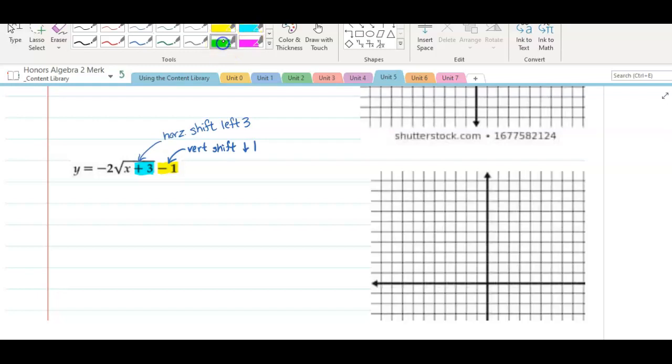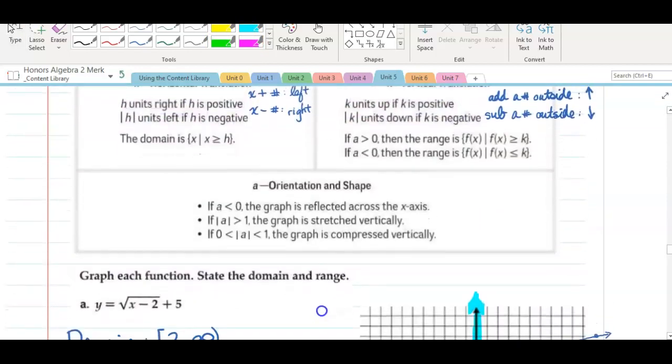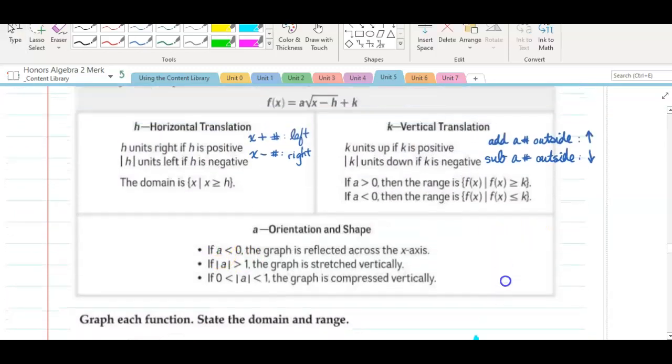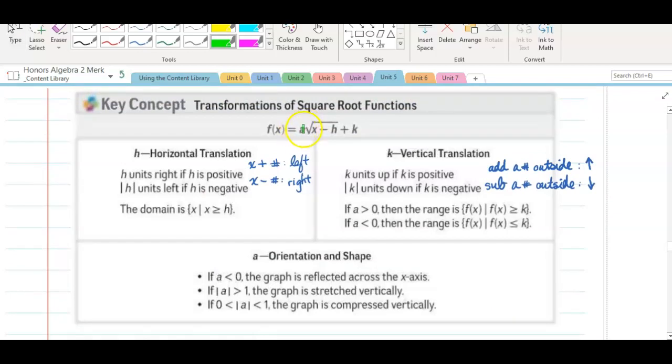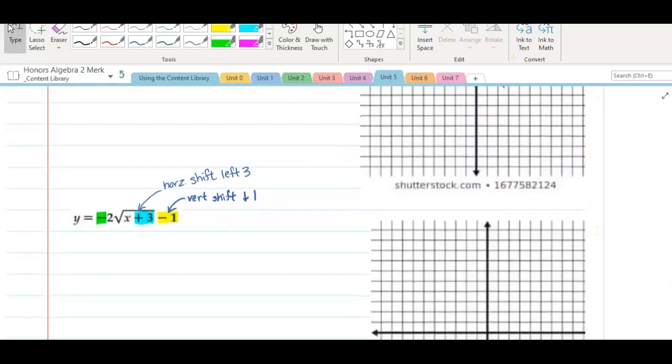But what about this negative sign out front? What happens there? Let's go back to our key concept here. It says that if a, that number out front before the radical, is negative, it's reflected across the x-axis. So this graph is getting flipped over the x-axis.